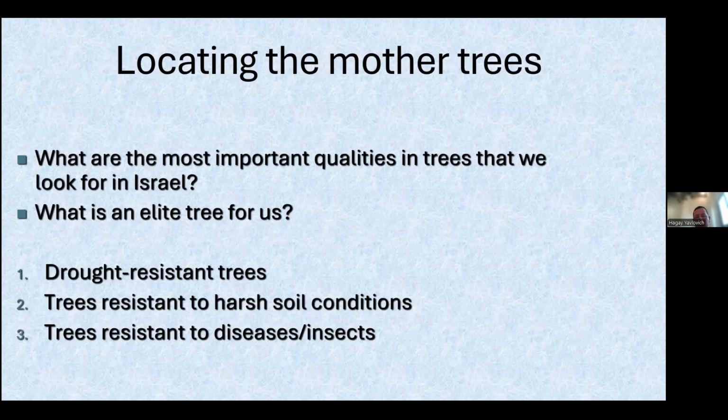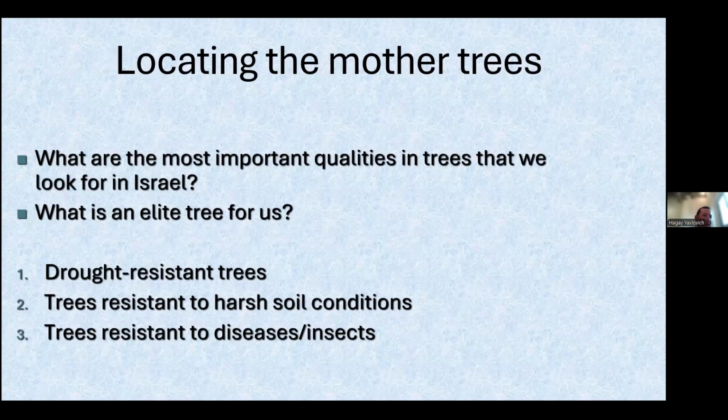So actually, the tree has no rain for something like 8 months. Nothing, not even a drop of rain. So the trees must stand drought for something like 8 months, so we must have drought resistant trees.